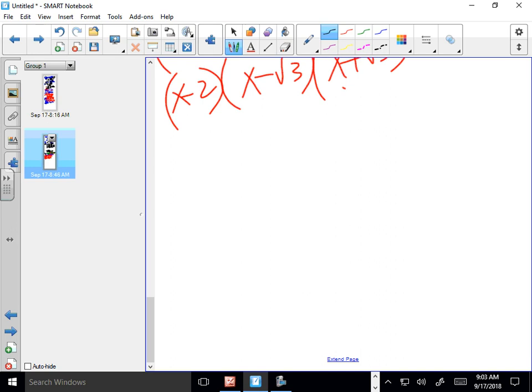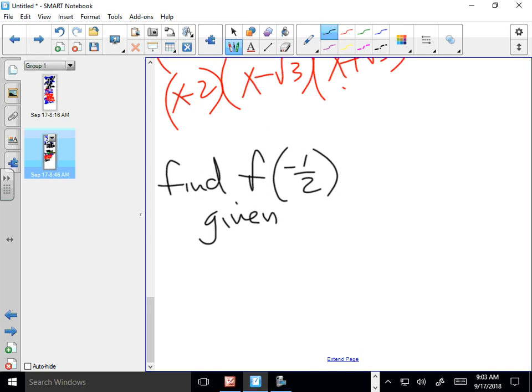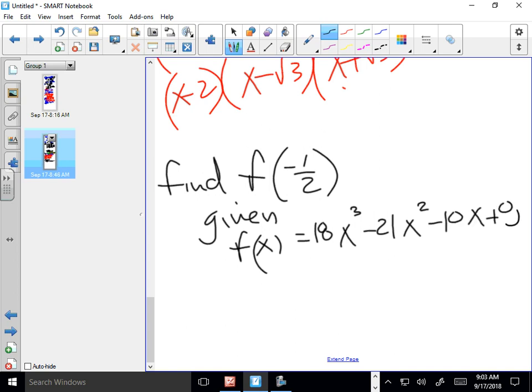Find f of negative 1/2 given f of x equals 18x to the third minus 21x squared minus 10x plus 8. Find f of negative 1/2, please.